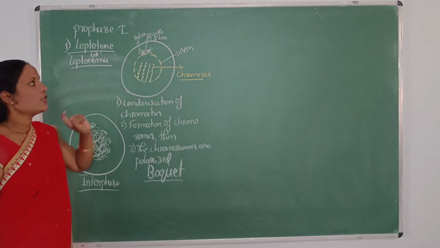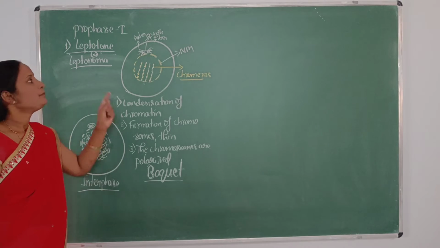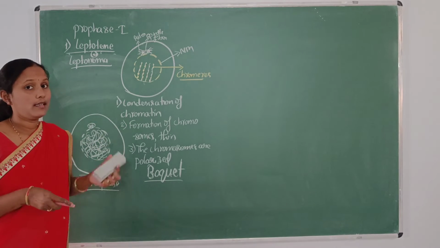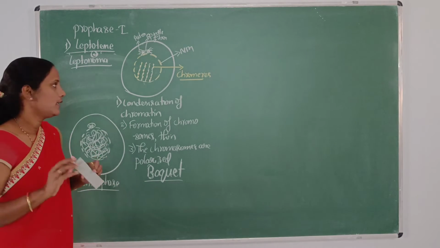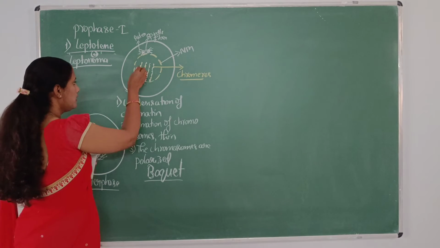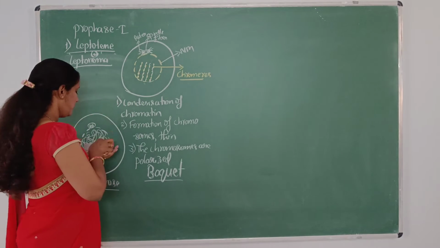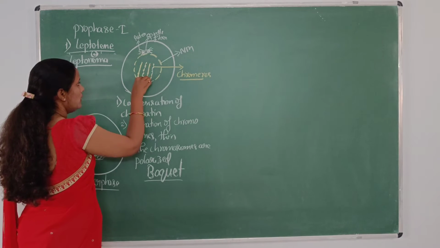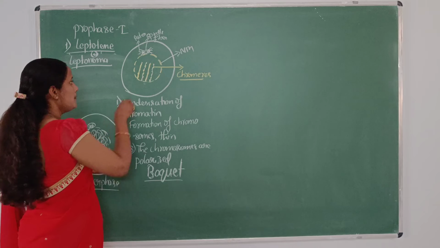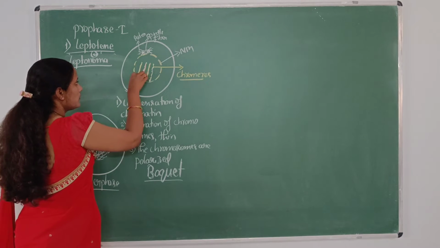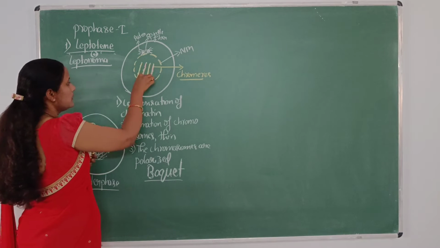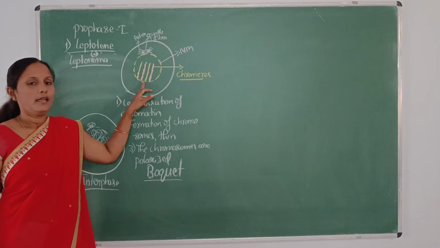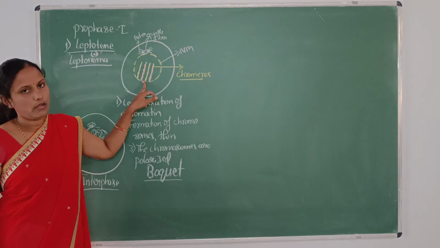So these are the events which are taking place in the leptotene, and for convenience I will write the 2 chromosomes in similar color. So I am writing 1 chromosome in yellow color, 2 chromosomes in yellow color, and 2 chromosomes in pink color, which means the color represents they are the pairing homologous set.